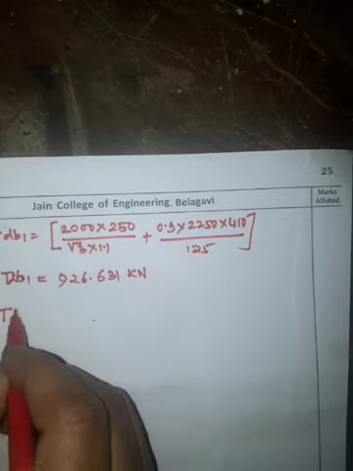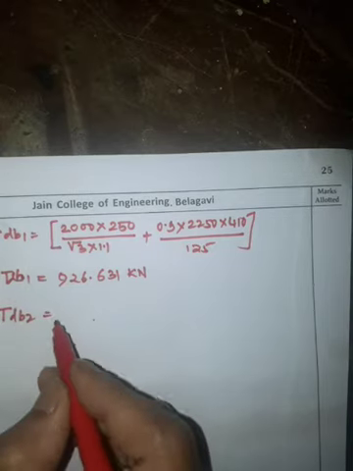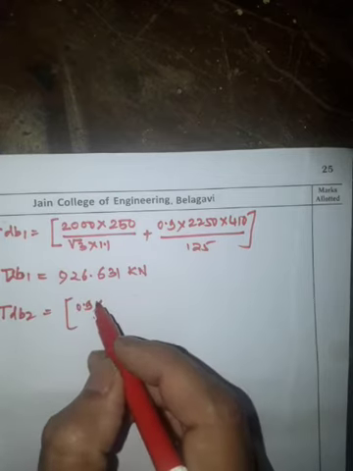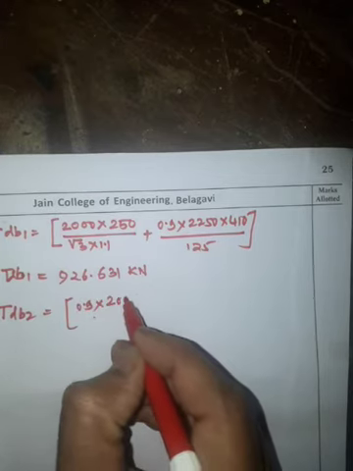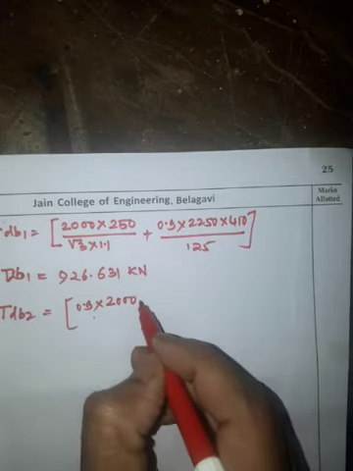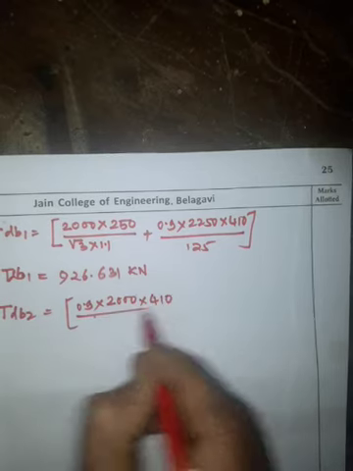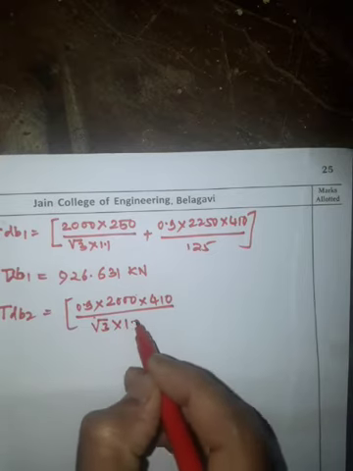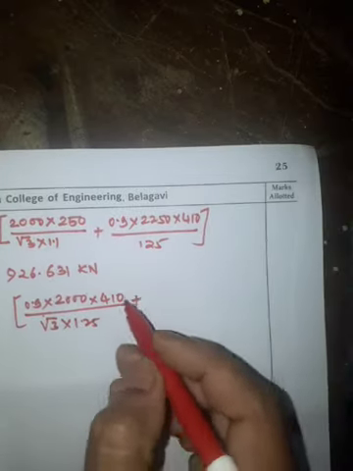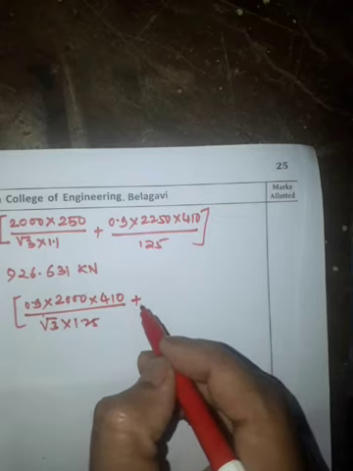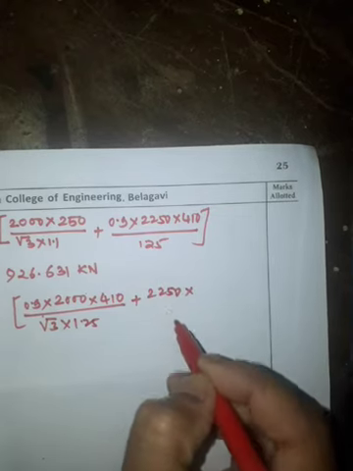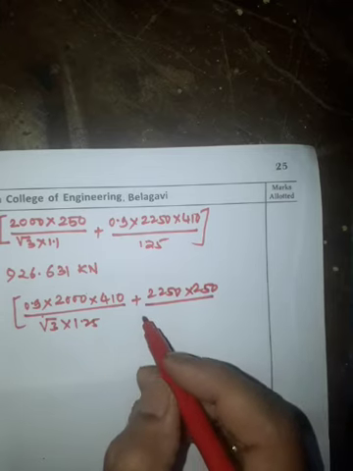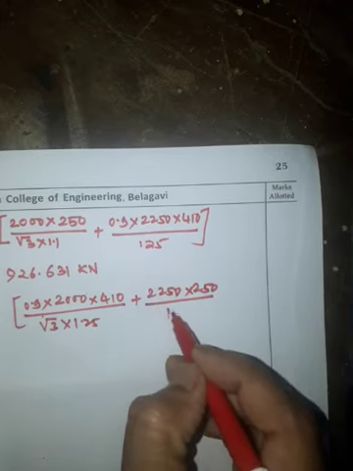And TDB2 is, again using 0.9 into AVN, AVN is again 2000, into Fu 410 divided by root 3 into gamma ml 1.25, plus ATG, that is 2250 into Fy 250 divided by gamma m naught, that is 1.1.